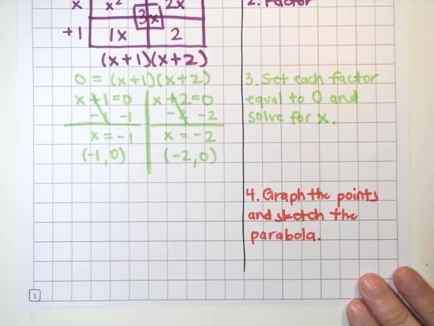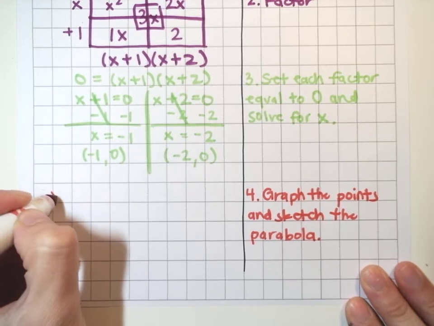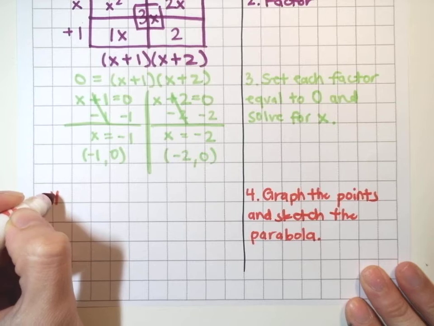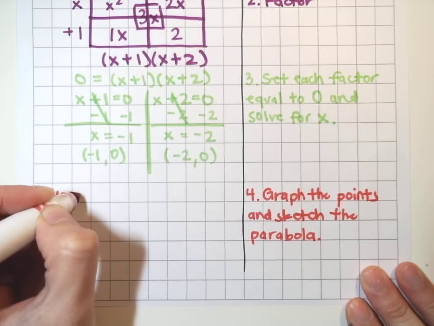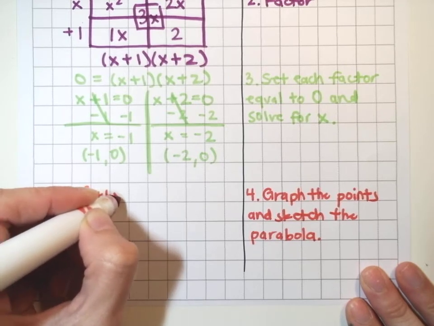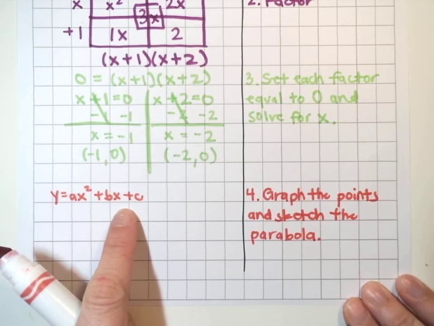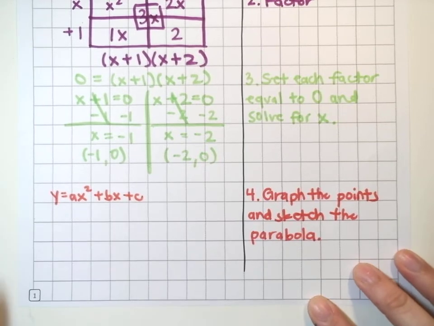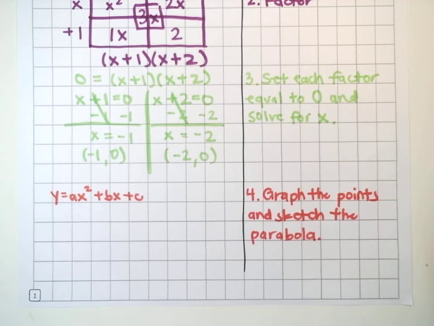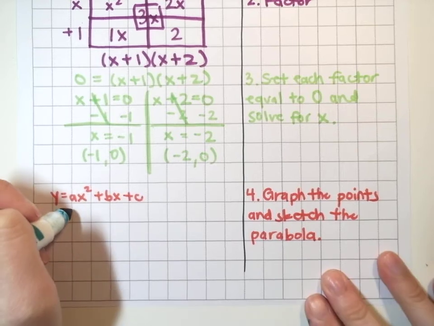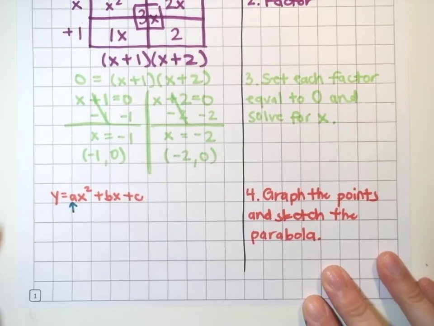So some things that you need to know about quadratics. y equals ax squared plus bx plus c. So this is the standard form of a quadratic equation. So a tells us how our parabola opens.